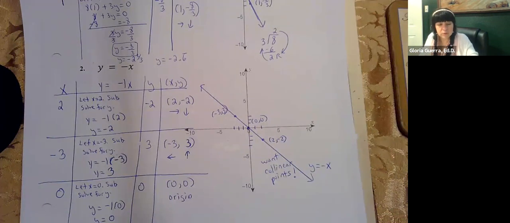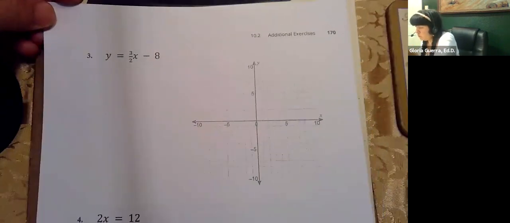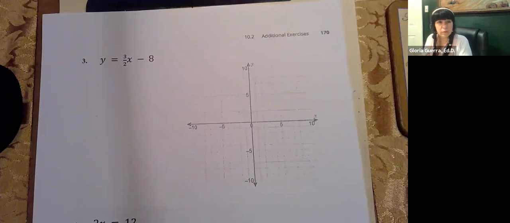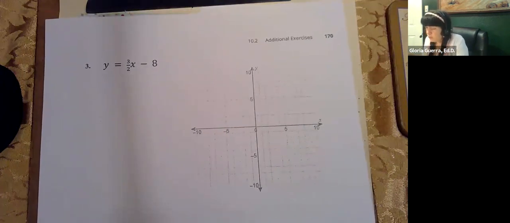Okay, now let's go to the next page. Okay, so we have y equals 3/2 x minus 8. Now, notice how this equation has fractions in it. So you want to be more picky when you pick x values.